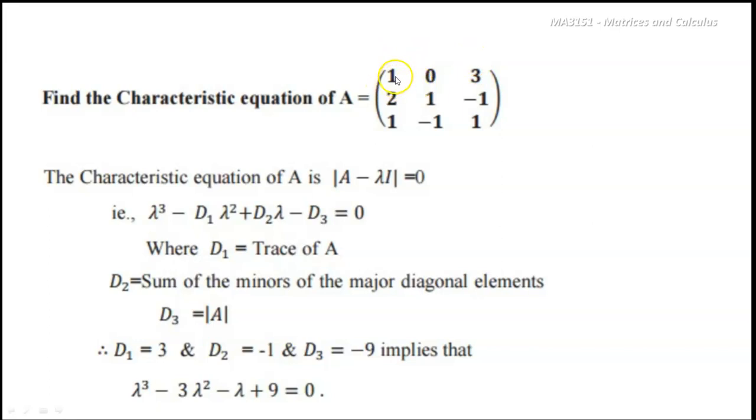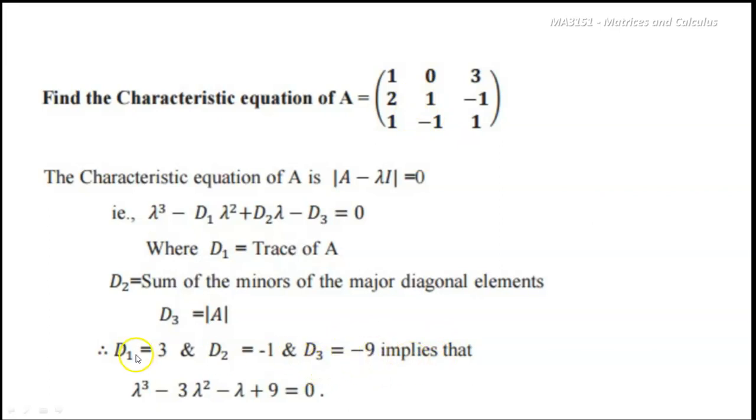So first consider this element, plus 1 into determinant of these 4 values. So 1 minus 1. Then minus 0. 0 into anything is 0. So minor of this one you have to multiply, then automatically everything will be 0. Plus 3 into its minor is determinant of 2, 1, 1, minus 1. So take the determinant, minus 2 and minus 1, minus 3. So after simplification, the answer becomes minus 9.